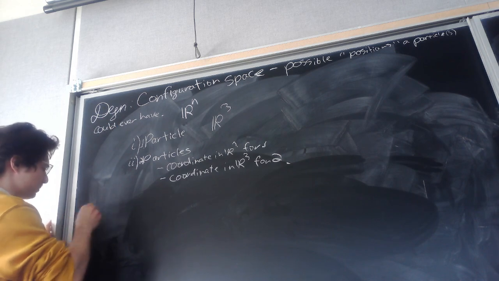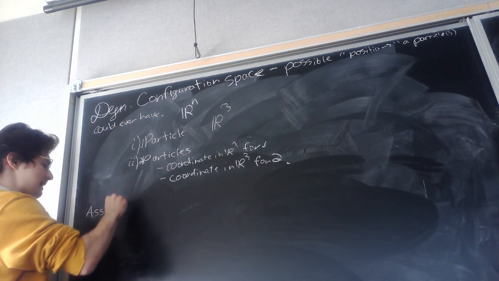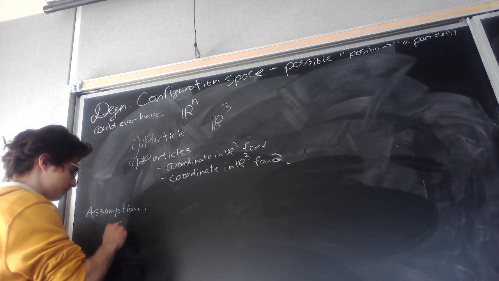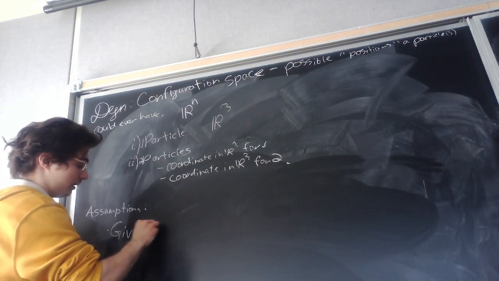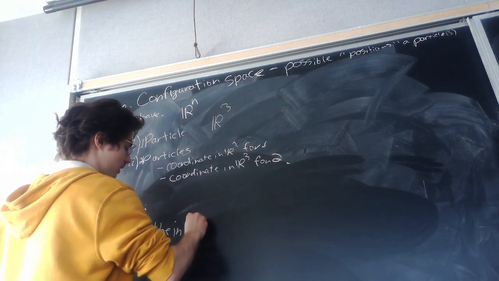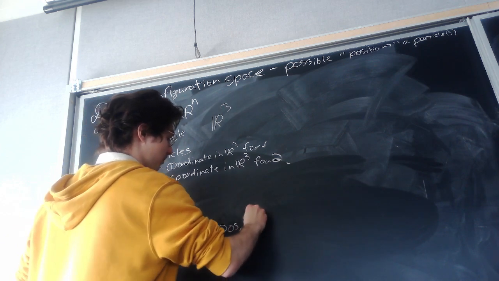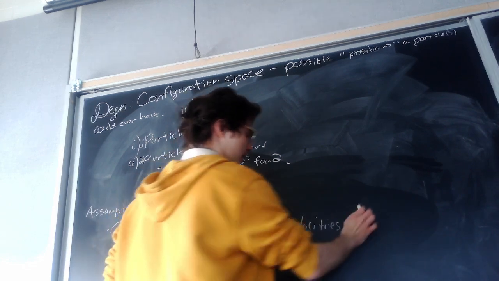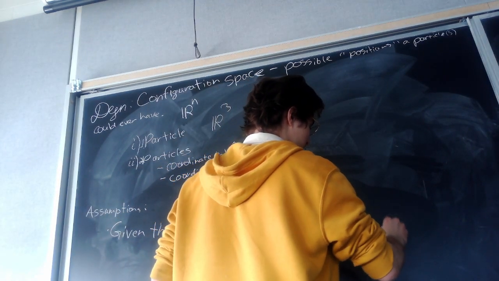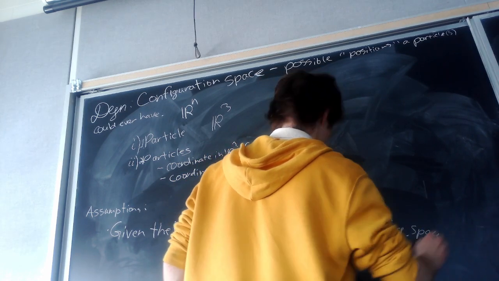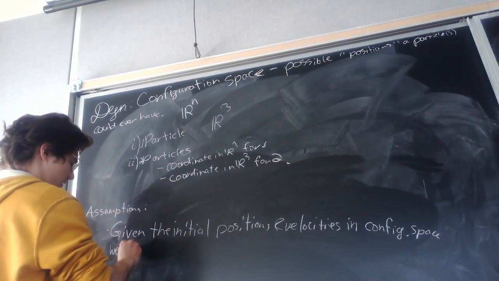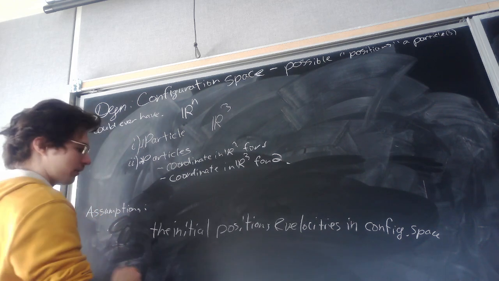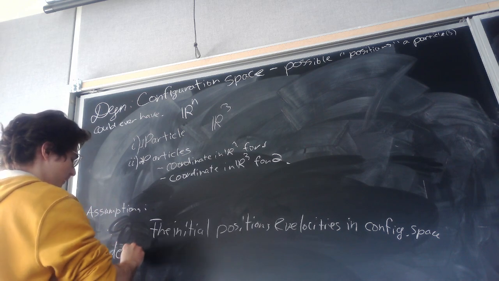So one of the main assumptions is that, given the initial positions and velocities in configuration space, the initial positions and velocities in configuration space determine the motion of the system.